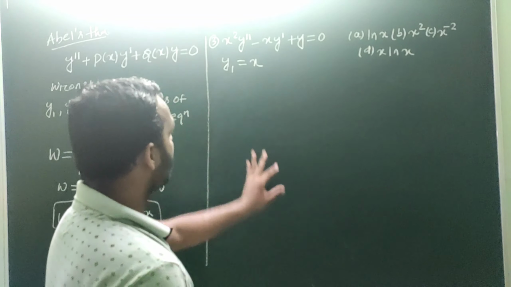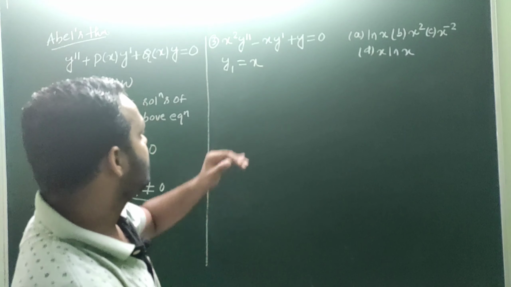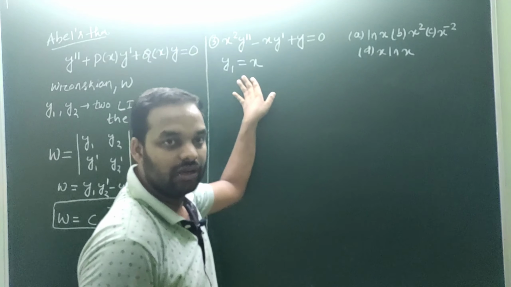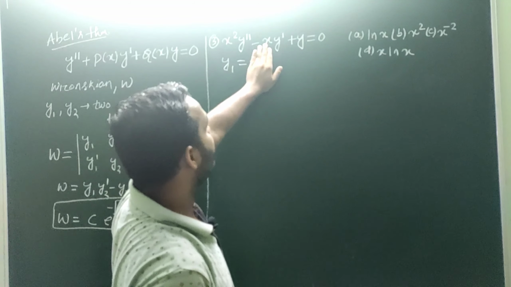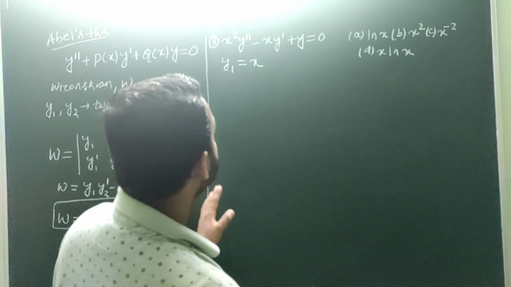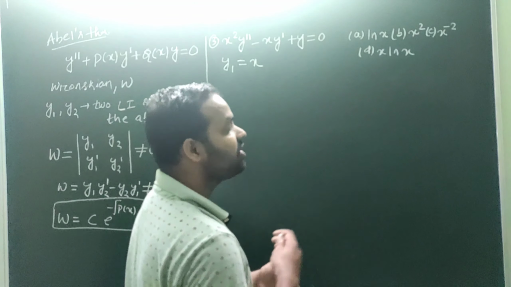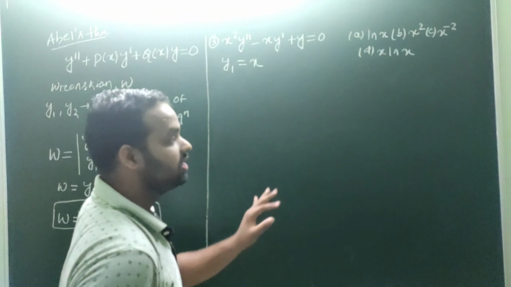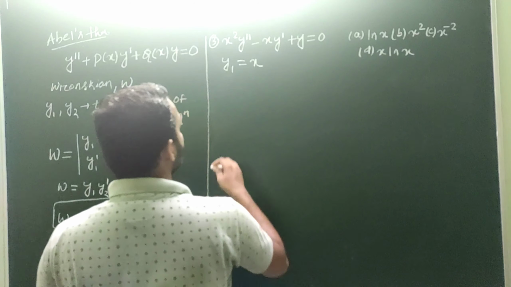So now let's try to solve this problem. He has given one linear independent solution, and you have to find the value of the second linear independent solution. There are various methods you can use with the Wronskian. Let's do it by the first method.